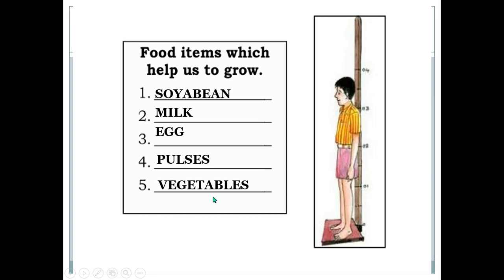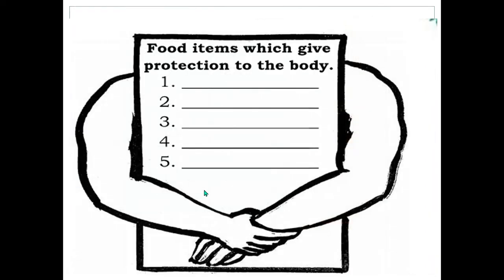Okay children, now let's see about the food items which give protection to the body. Some of the food items I have given here. Let's see vegetables. We must eat vegetables in our daily routine. Why?